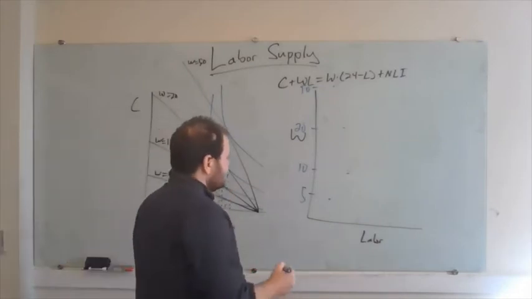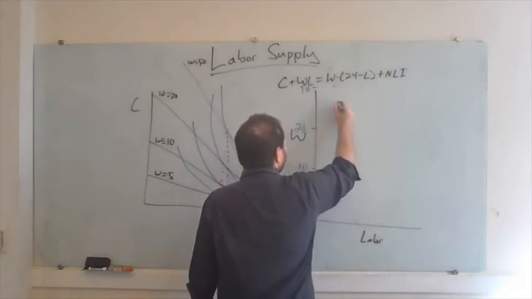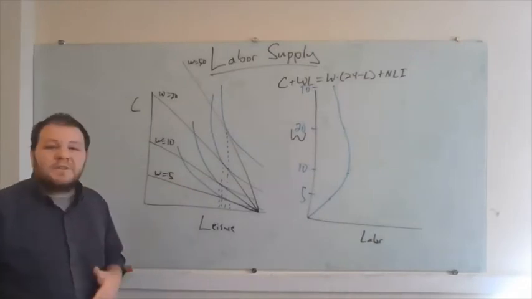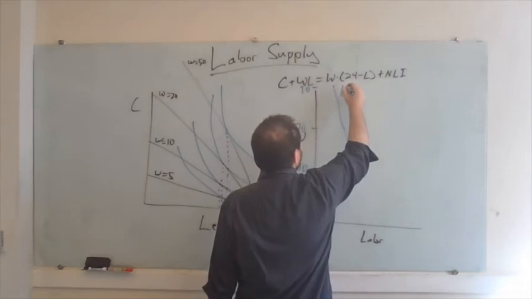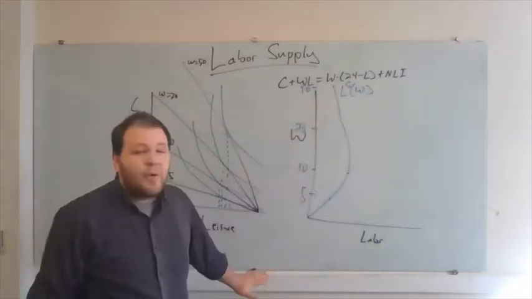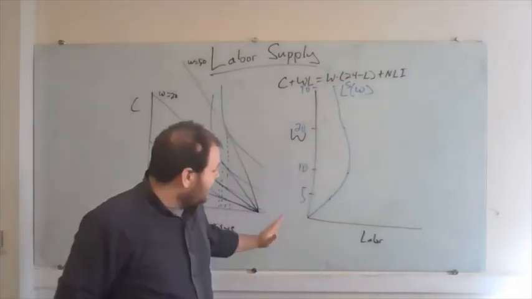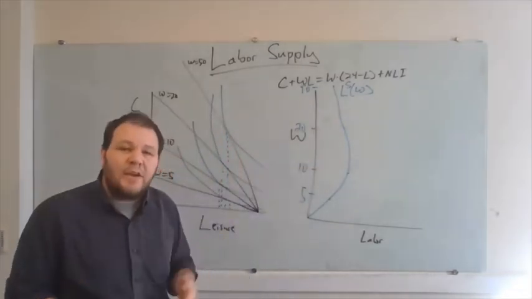But then at high levels of wages, we might expect the opposite. We might expect that the income effect would start becoming larger than the substitution effect, so that we end up with an individual's labor supply curve that bends backwards. That increases as we increase wages up to a point, but then begins to decrease as we increase wages even further.